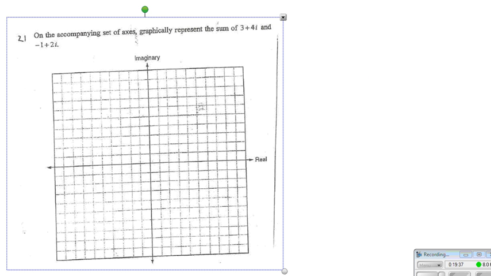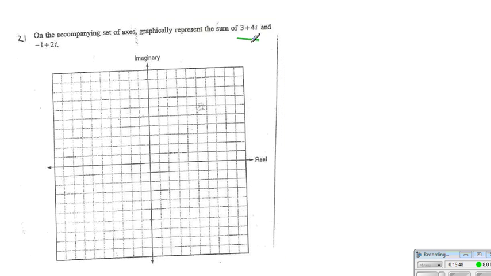Alright, let's move on to the next question. So here we have two complex numbers, one right here and one right here. But they want us to graphically represent the sum of those two. How are we going to get it?